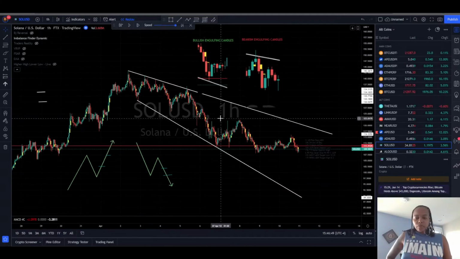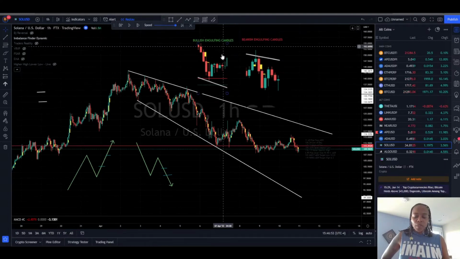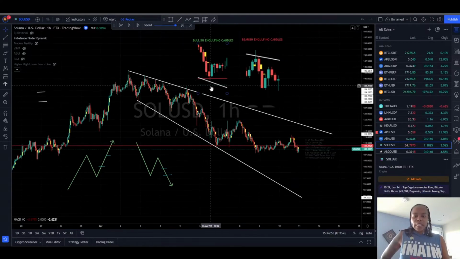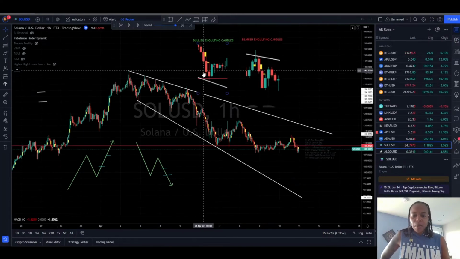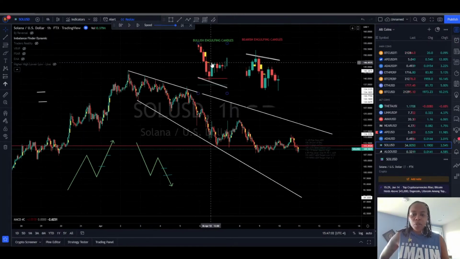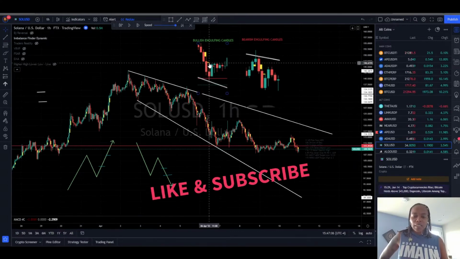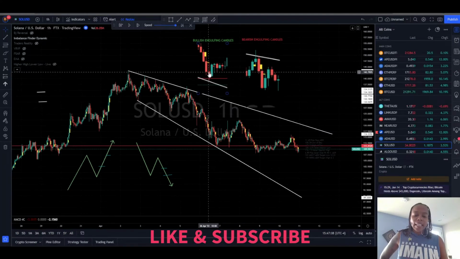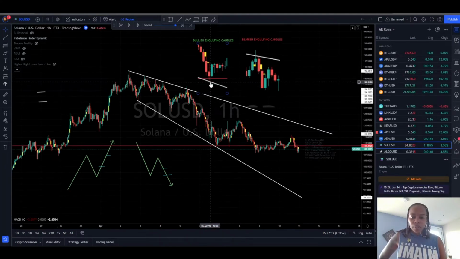All right, so for the bullish engulfing candle, right? Generally what you want to see is one candle basically dominating the one next to it. So there should be a green candle dominating the red candle. Now this one has a bit of a long wick, but it closed below here, which is great.